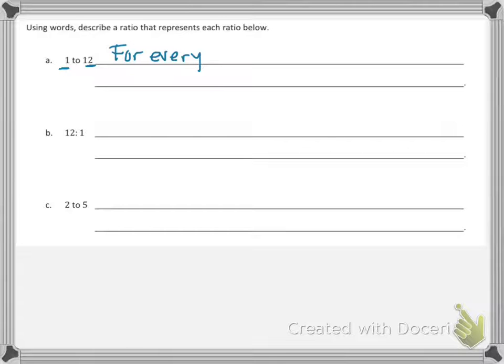And let's say for every 1 month, let me switch back to my color. I don't want month. For every 1 year is what I'm really looking for here. So let me change that.